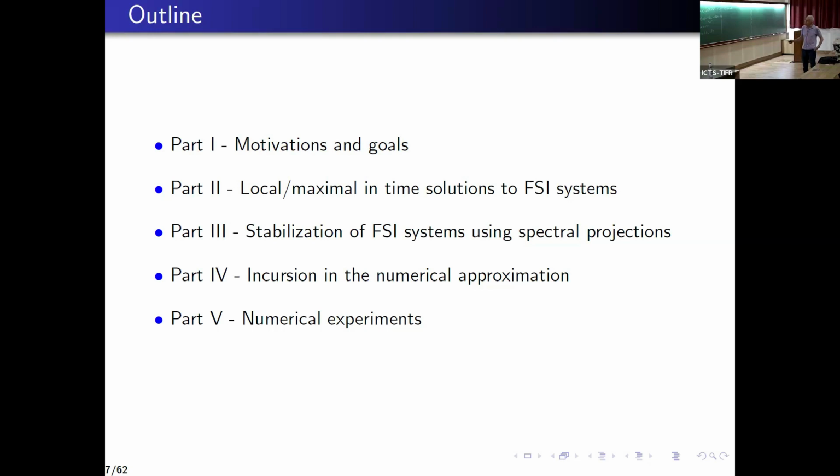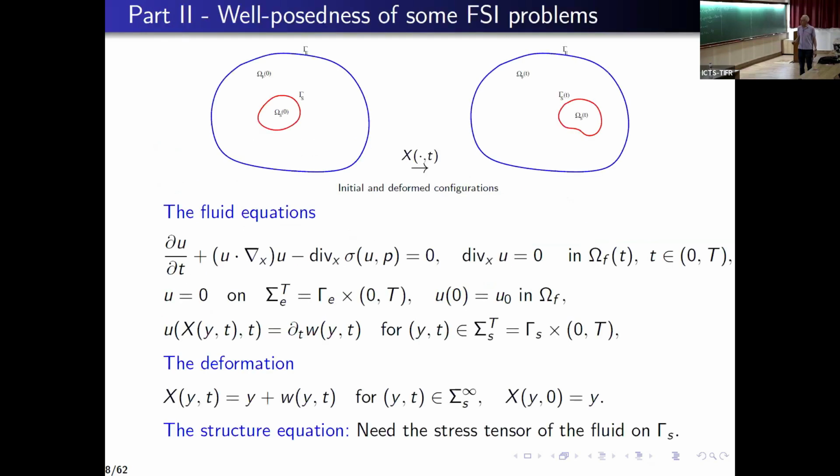Because the technical points from the math viewpoint are similar in both cases, for local existence and for stabilization, but the difficulties are different and the framework is a little bit simpler in that case. The other case is quite helpful. I will explain why. So it's better to introduce first local existence of solution.